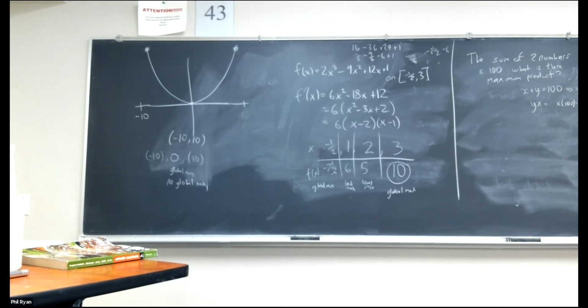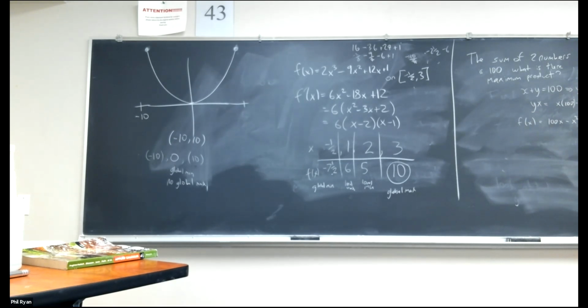Don't make mistakes with brackets, that's a common mistake. Okay, so we have our function then, 100x minus x squared. Okay, and it goes from something which is kind of a bit shaky to something that's very concrete.